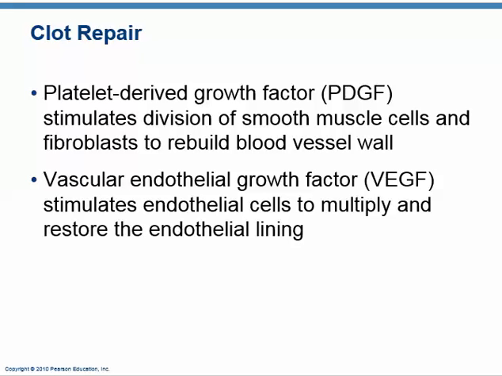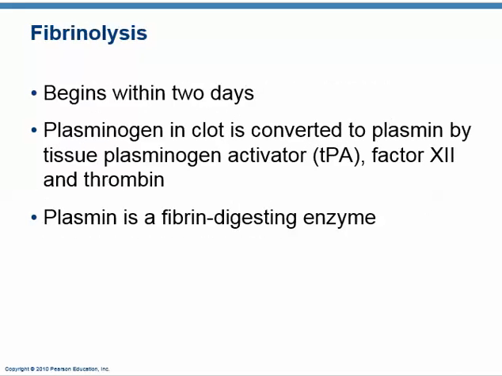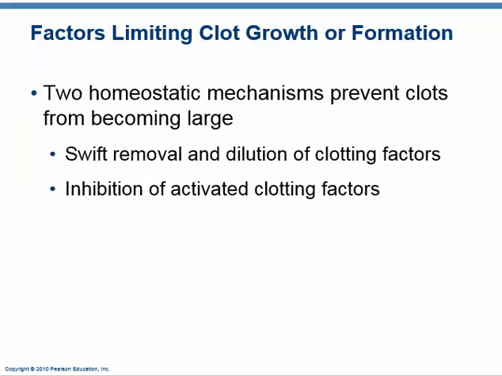Now this isn't part of hemostasis, this is about the repair process after. Then you don't need the clot anymore, so you remove it. And there are basically enzymes that cause the clot to disappear, and we call that fibrinolysis. Again, not part of hemostasis, but more a cleanup that happens after hemostasis.